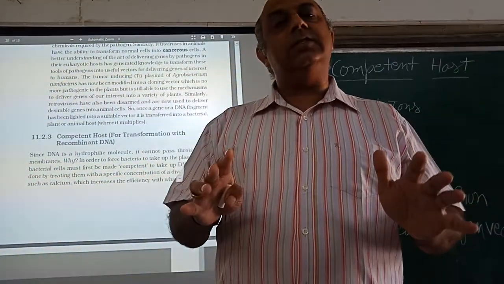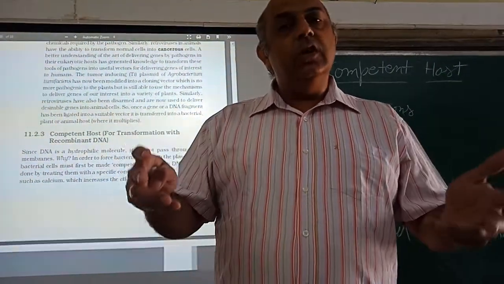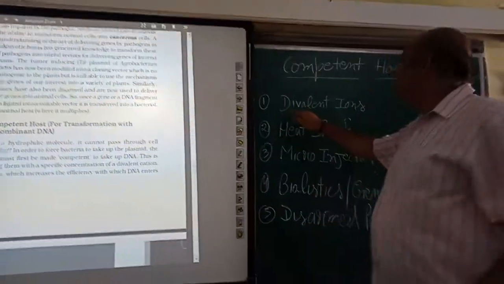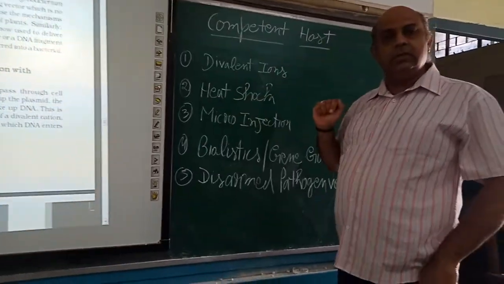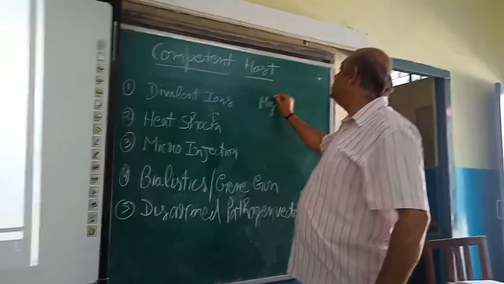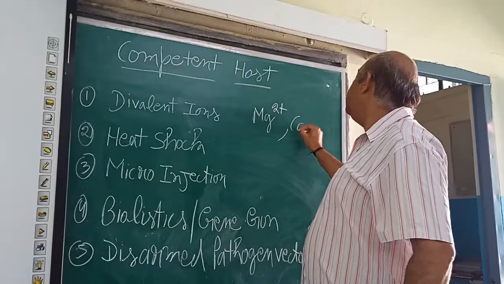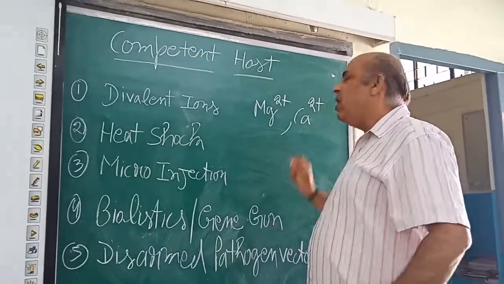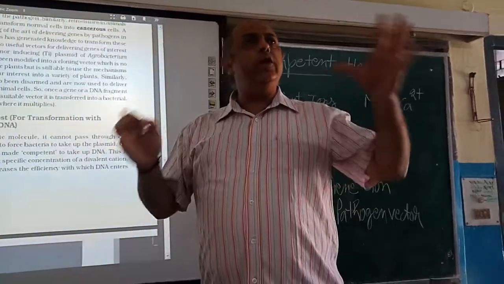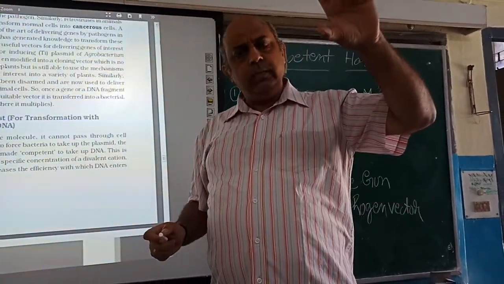The various methods by which we make the host competent begin with the use of divalent ions. We use magnesium ions or calcium ions or any other divalent ion. What we do is take a test tube.